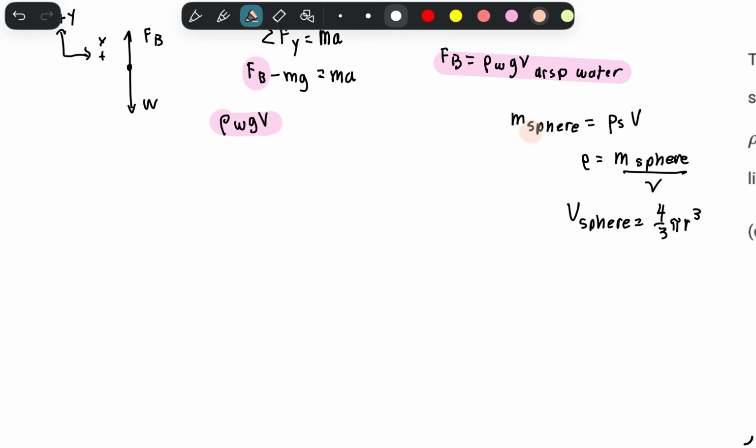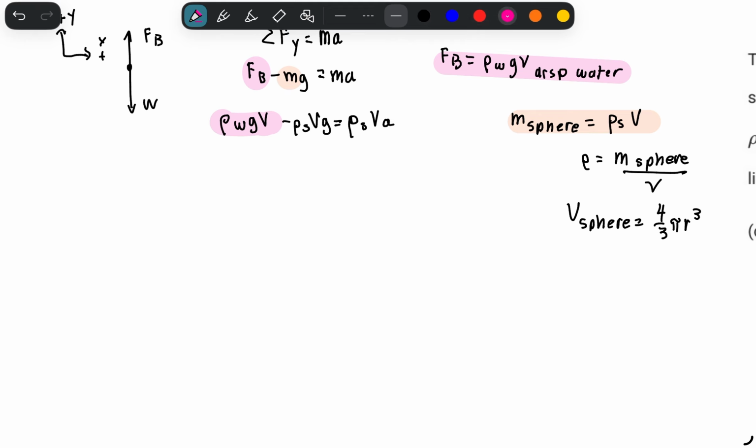So we can take this expression for our mass and substitute this in. We're going to have density water, g times V, minus density S, V g, is equal to density S, V a.